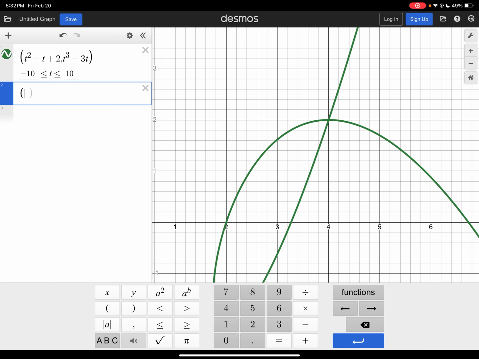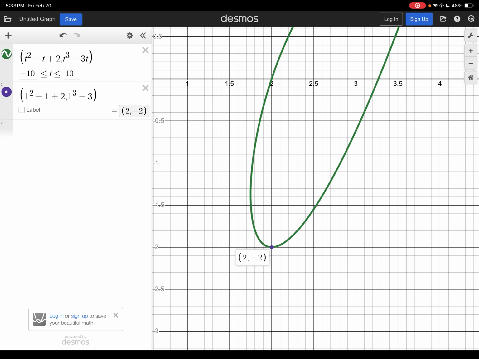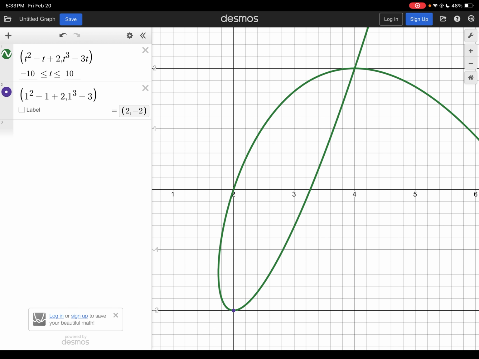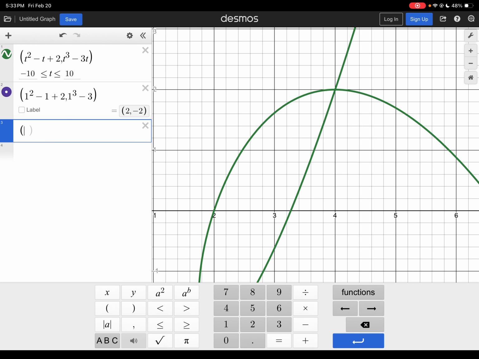So if I were to actually do that and I plug in, let's say t is equal to 1, so 1 squared minus 1 plus 2, comma, 1 to the third minus 3 times 1. So that gives us 2, -2, which, plot twist, we verified at the very beginning was a horizontal tangent line. Same thing with me plugging in -1.